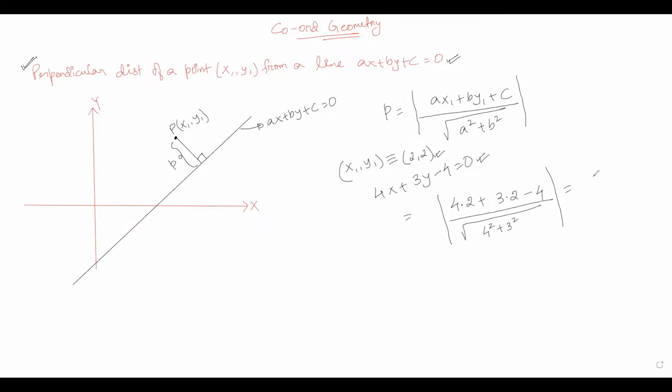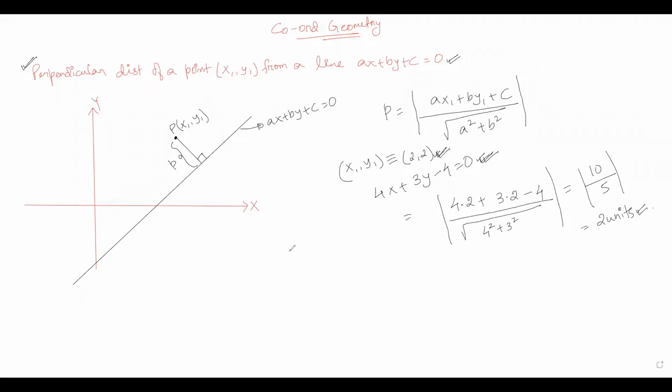So if we simplify this, this would be 8 plus 6 minus 4, that would be 10 upon under root of 25, that would be 5 mod. So this would be 2 units. So that means the distance of this point from this line is 2 units.